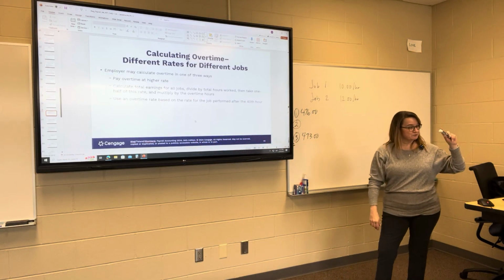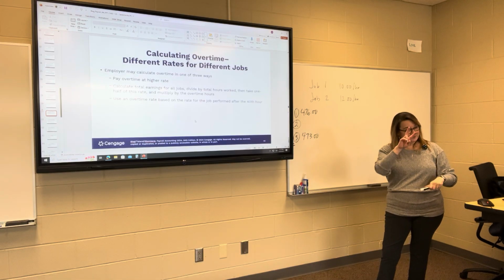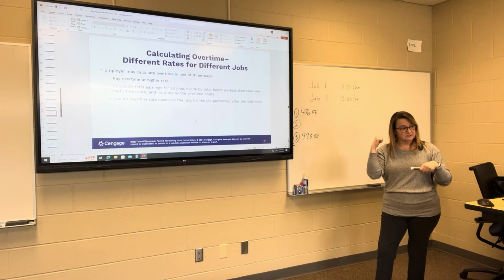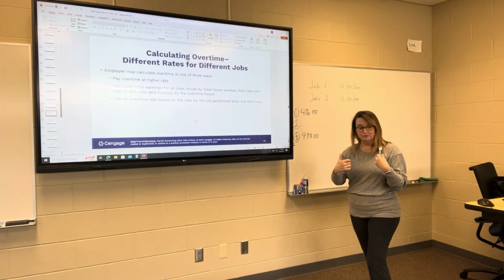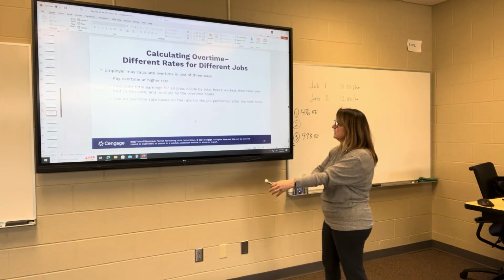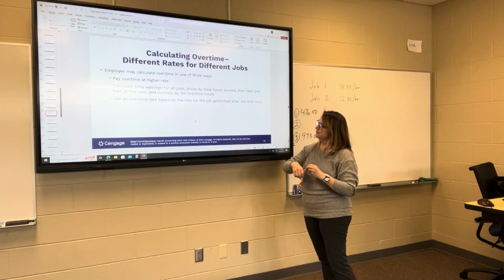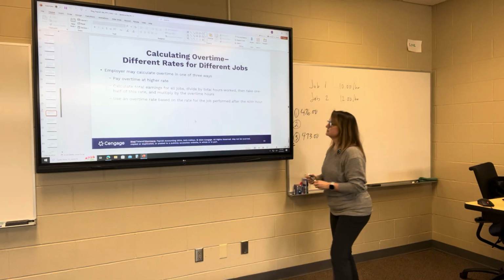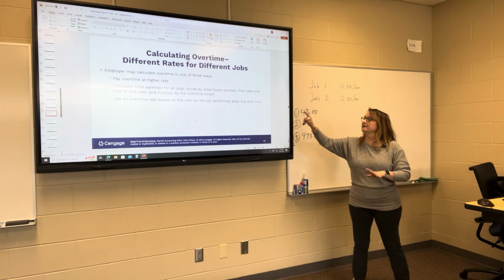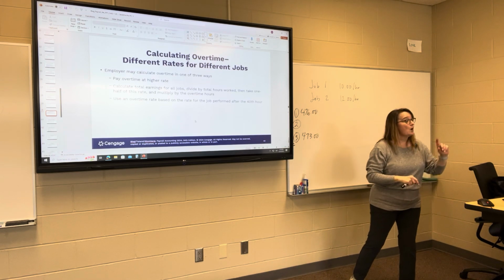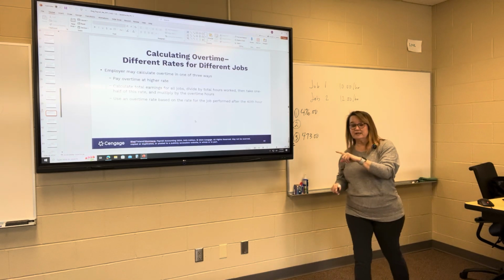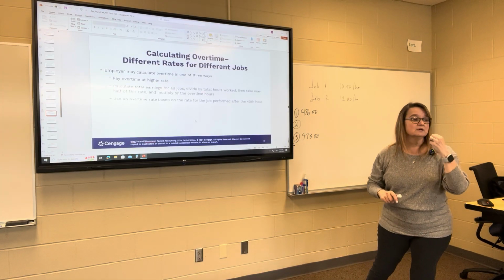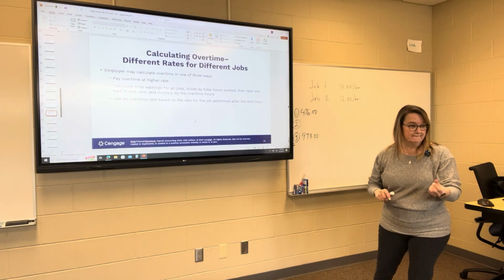I told you there were two methods of calculating overtime, and we're actually going to use the other method in this calculation. It's called the overtime premium method, and we're going to go through it in more detail, but we get a little preview here. So we're going to calculate total earnings for all jobs, and then we're going to divide that by the total number of hours worked. What we're doing is trying to calculate what the hourly rate is for purposes of overtime, okay?